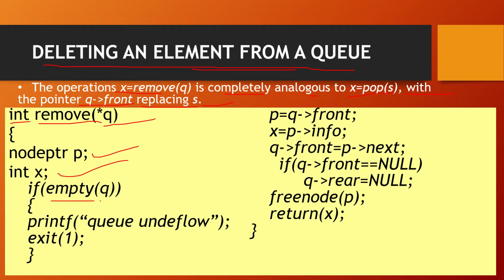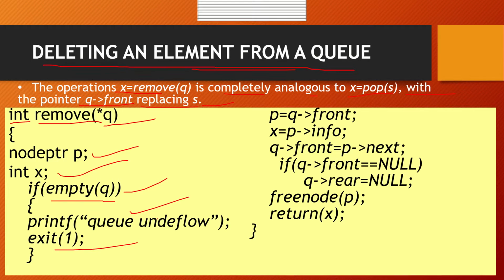First we will check whether q is empty or not. If q is empty, it prints the message q underflow and exits from the program.